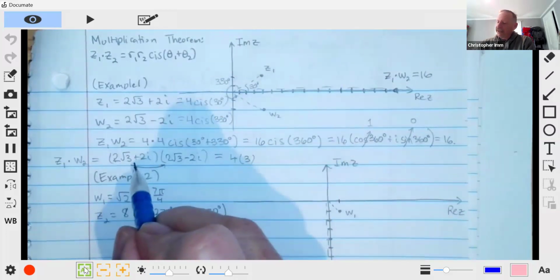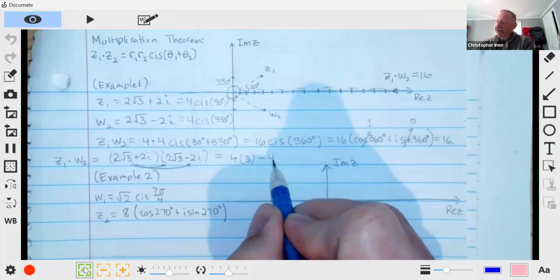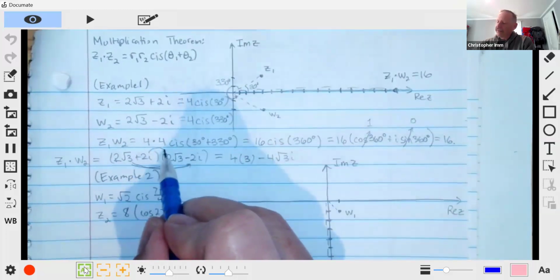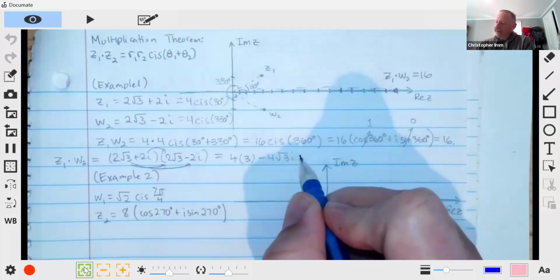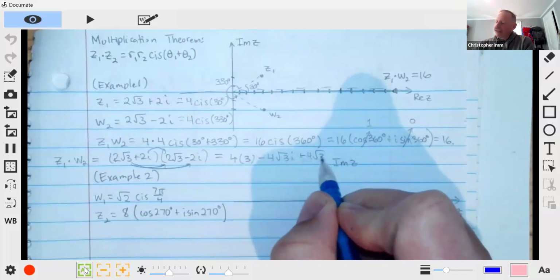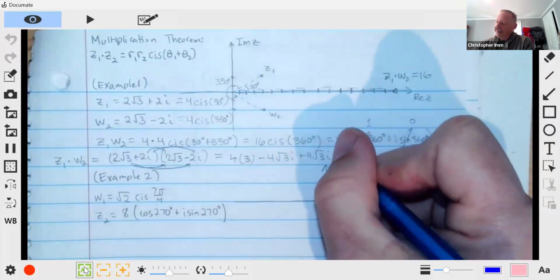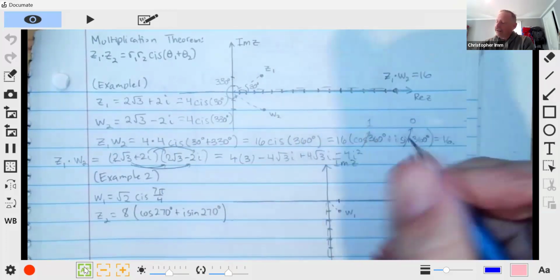And then I multiply 2 root 3 times negative 2i, that's negative 4 root 3 i. And I multiply 2i through, so 2i times 2 root 3 is going to be plus 4 root 3 i. And then finally, 2i times negative 2i is a negative 4i squared.